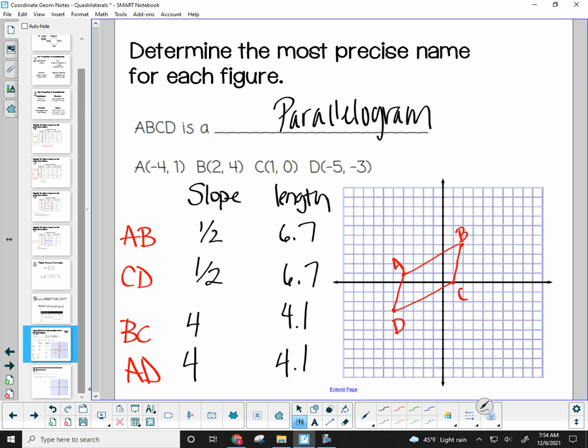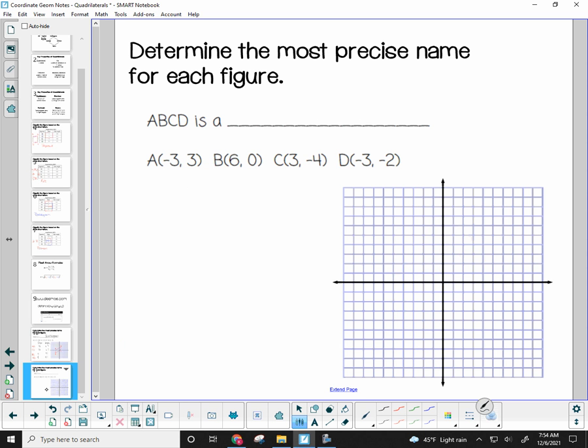All right, last one. Let's try the last one here. So go ahead and plot your points.